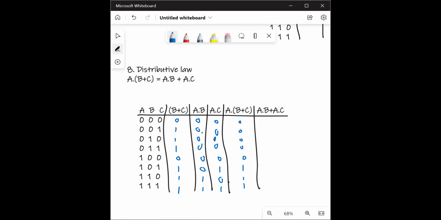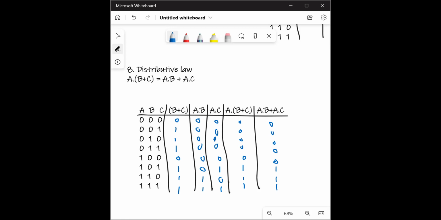Let's see whether we can do this by adding these two columns. So we'll have 0, 0, 0. Fourth one is also 0. This is also 0. And after that, everything is 1, right? So I can see that you also get the same answer. Right, good.